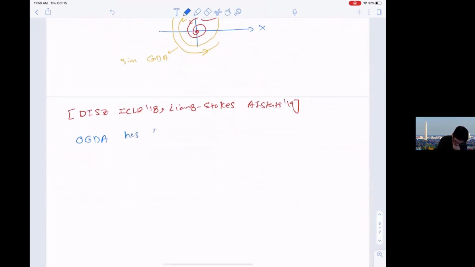So it says OGDA, optimistic gradient descent ascent, has last iterate convergence. Remember, in GDA, we didn't have last iterate convergence.